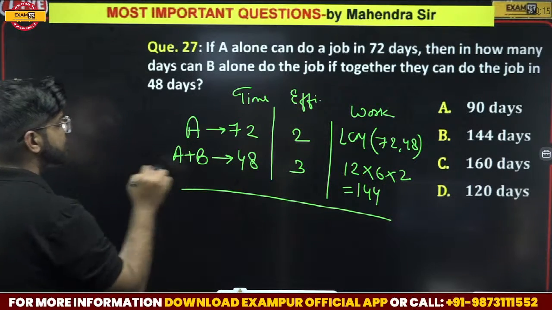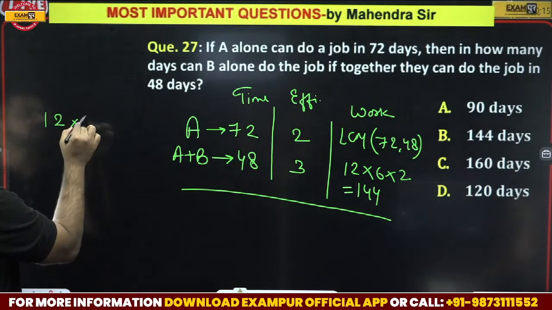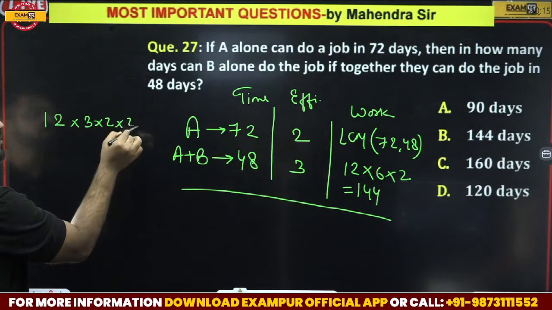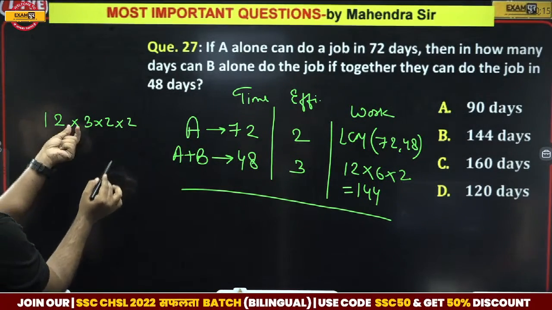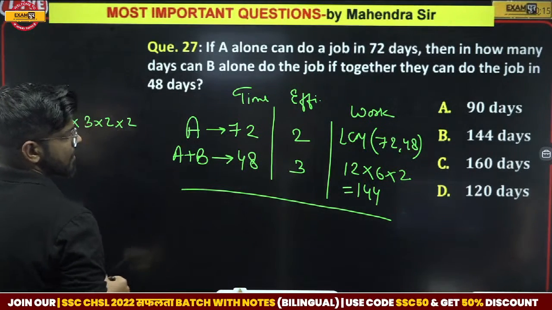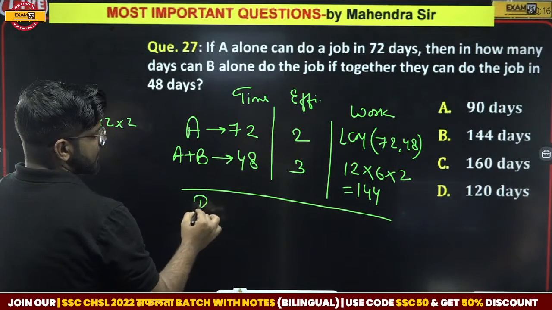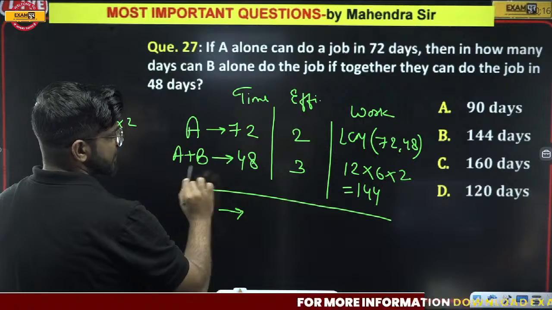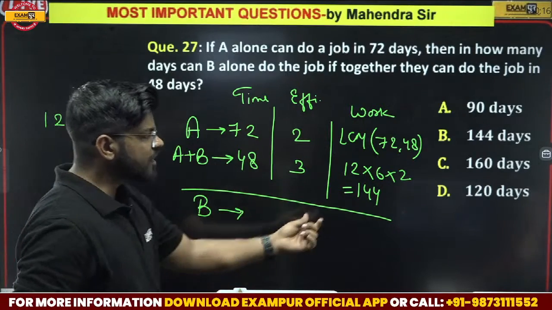What I have told there is 12 into 6, that is 3 into 2 into 2. So 12 4s are 48, remaining is 3. Now we get the efficiency of B. There are 144 chocolates.